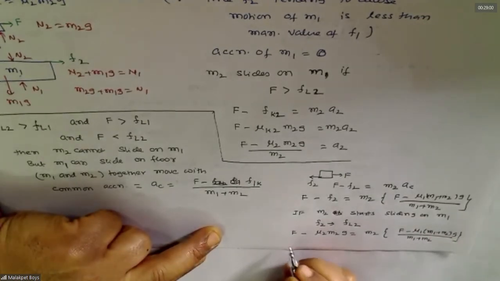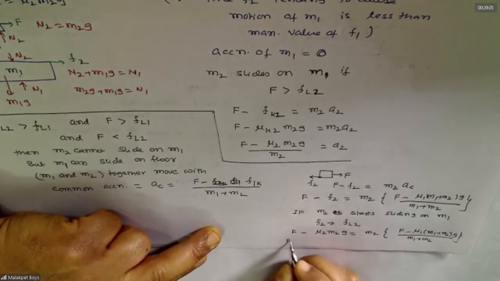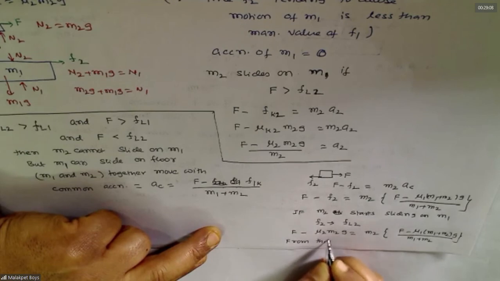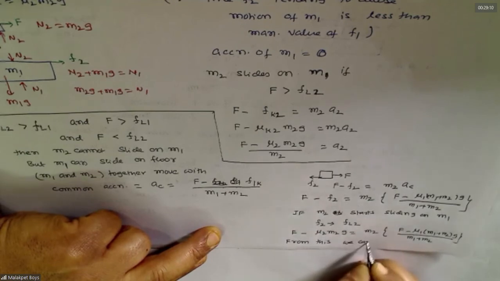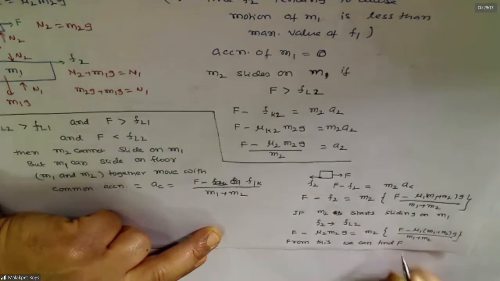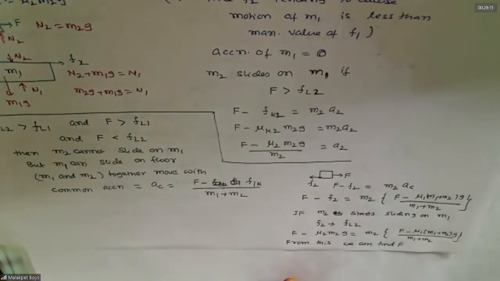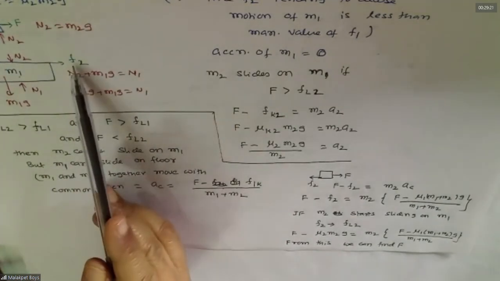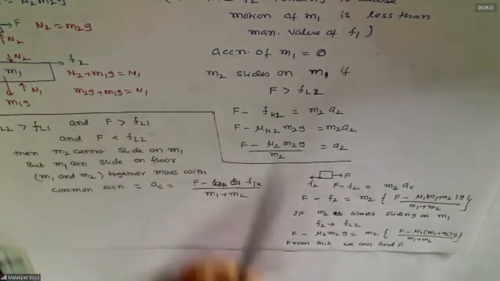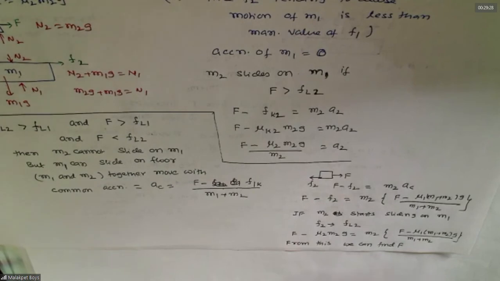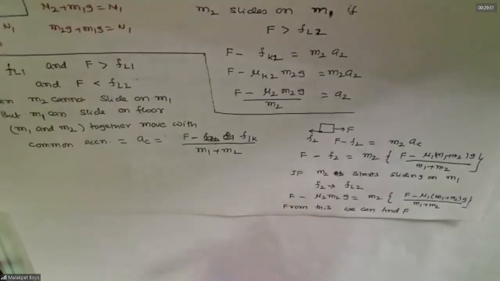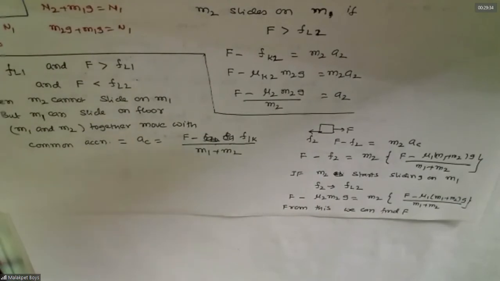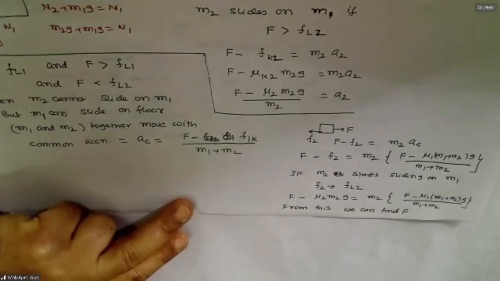From which we can find mu, no? Understood this? So we have two cases. This limiting friction is lesser than this, this won't move, acceleration is zero. Otherwise it will move, no? Any doubt?